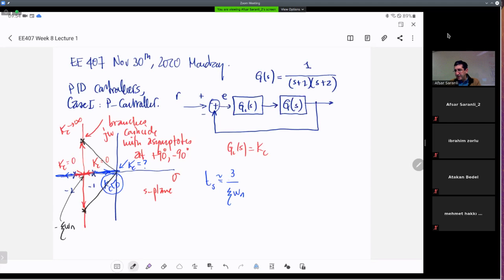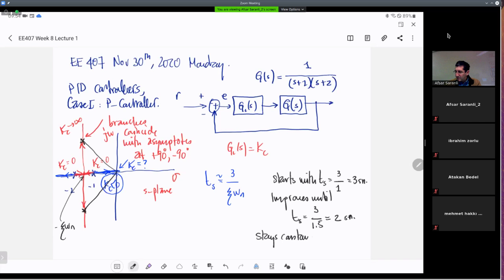Therefore the settling time starts with a larger value, Ts equals 3 over minus 1, basically 3 seconds, and improves until Ts is equal to 3 over the breakaway point, which is minus 1.5, so 3 over 1.5 is equal to 2 seconds, and stays constant for larger KC. Okay.